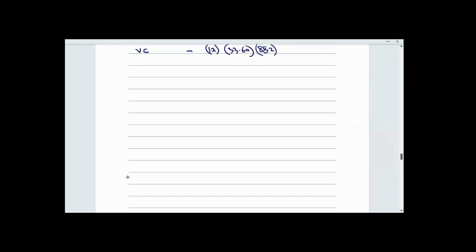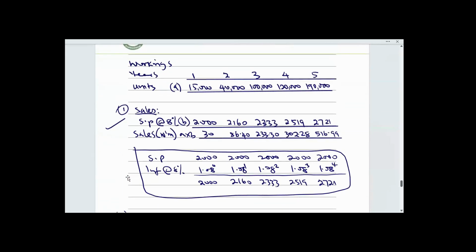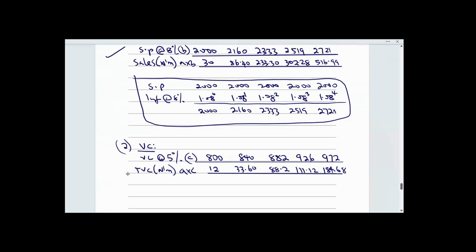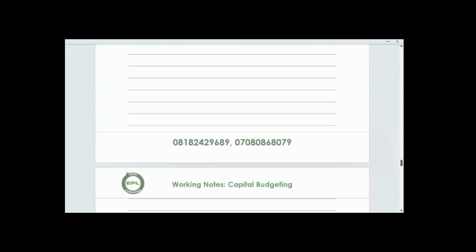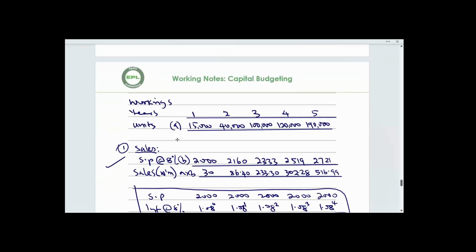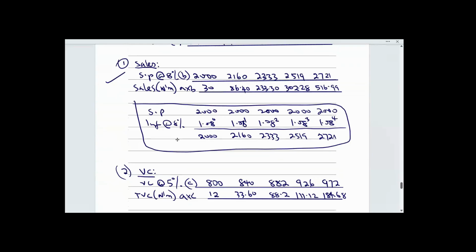Then year 4 is 111.12. Then year 5, which is 517 something? Let me confirm again. I think 184.68.